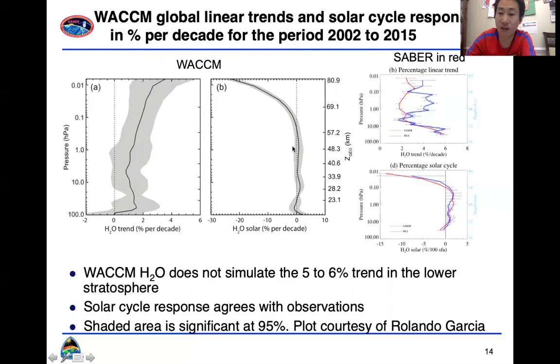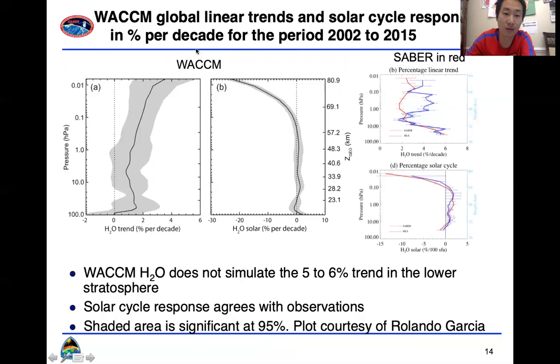The solar cycle variation between the model and satellite observations is very consistent, with increasing negative correlation in the mesosphere. On the other hand, the linear trend of WACCM water vapor doesn't show a very strong increase in the lower stratosphere. It could be due to a lack of physics.